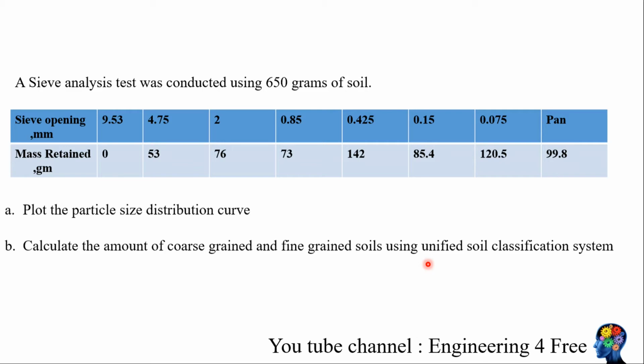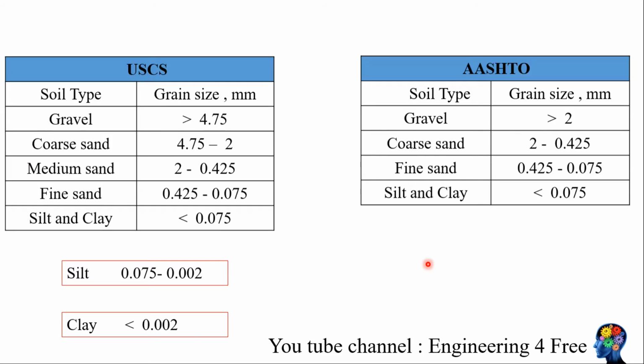Before determining the percentage of coarse grain and fine grain soils, you have to know the difference between these two classification systems, the unified soil classification system and the AASHTO, or American Association of State Highway and Transport Officials classification system.